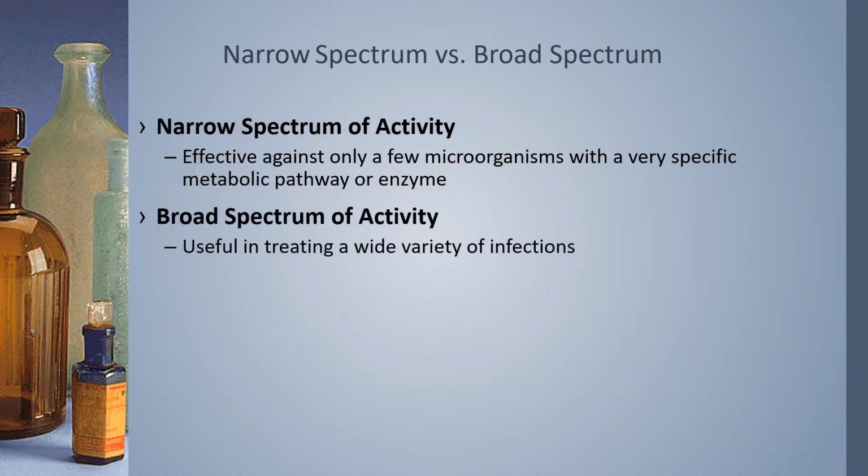Others, in which these are used more widespread, are broad spectrum. So broad spectrum or extended spectrum, as they're sometimes called, are going to treat a variety of organisms. But your broad spectrum versus your narrow spectrum, your broad spectrum anti-infectives are going to be more likely to disrupt what we call normal flora.